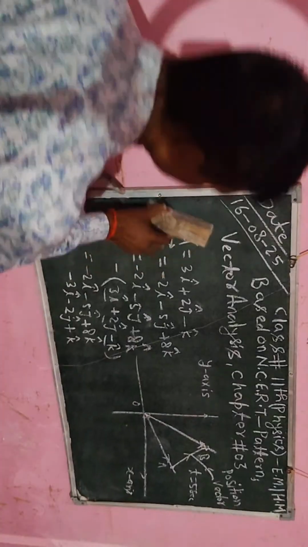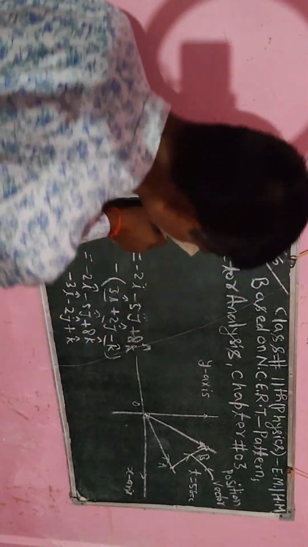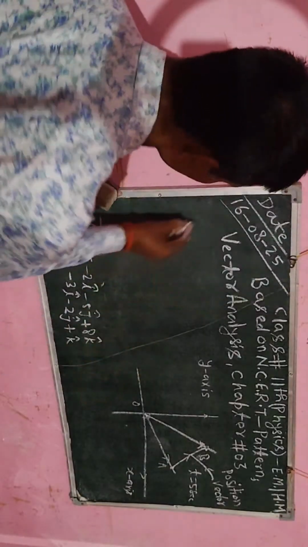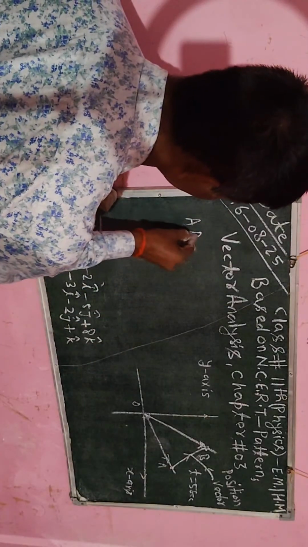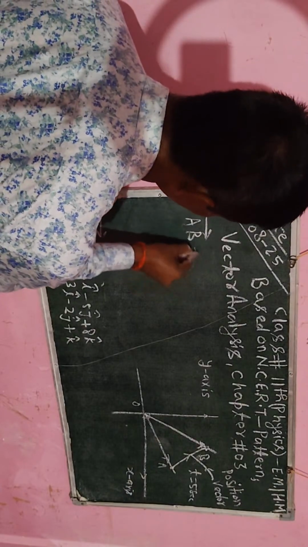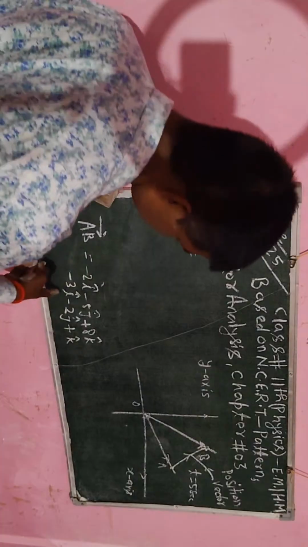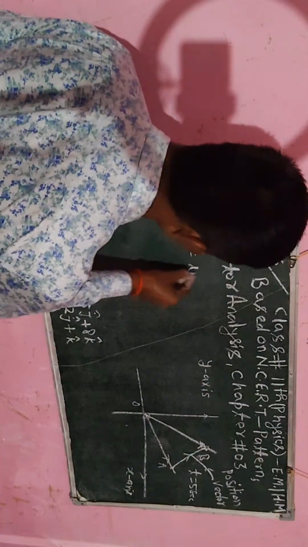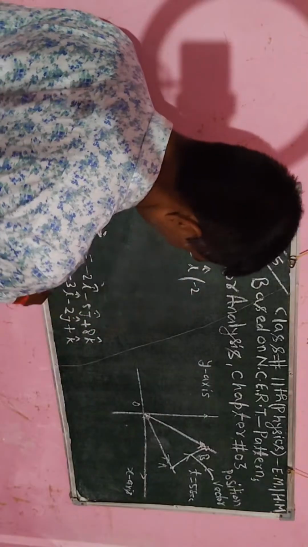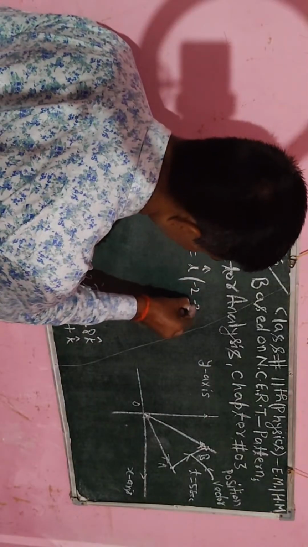Now I will simplify the given data. Here I will write vector AB, that is the displacement vector. So here I will summarize the coefficient of i vector. Here I will write minus 2 and here the coefficient is minus 3.